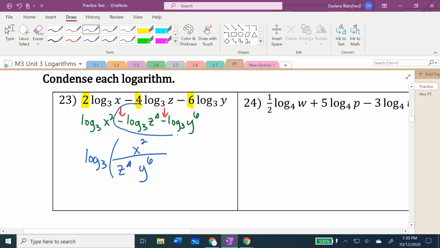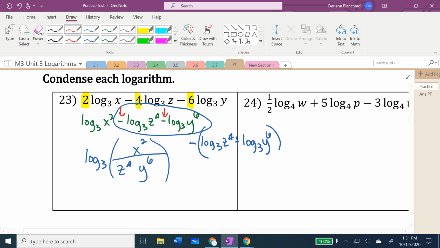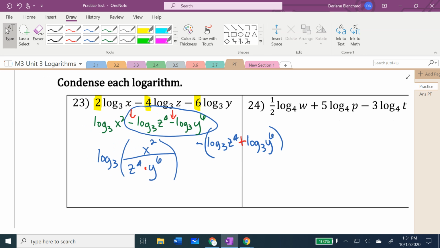Or as you look at it, you may need to see that you can factor a negative and when they are adding together, you multiply what is inside and then it'll end up being in the denominator. So I'm hoping that that makes sense.